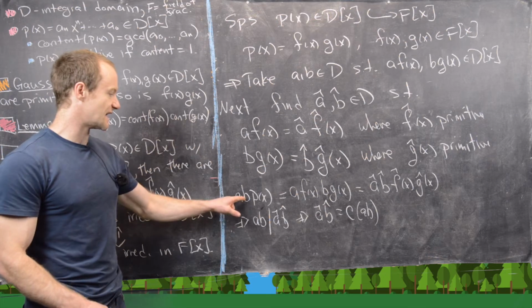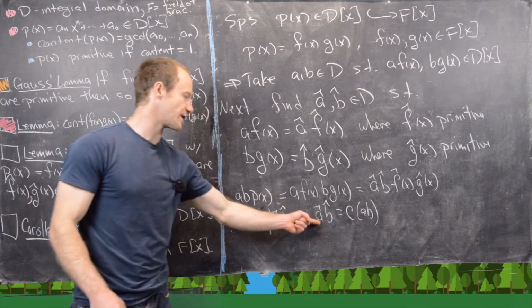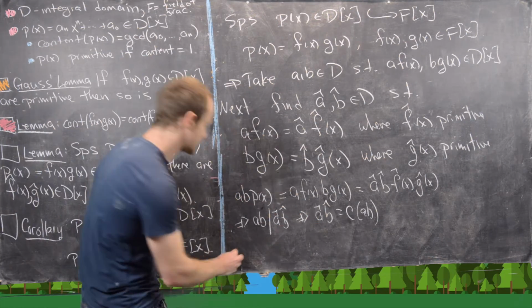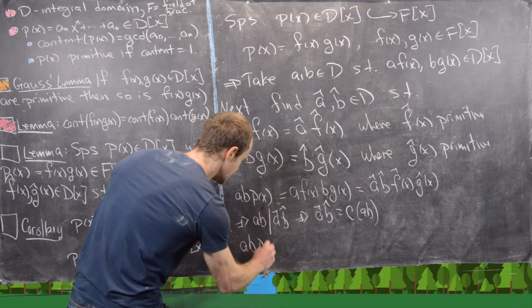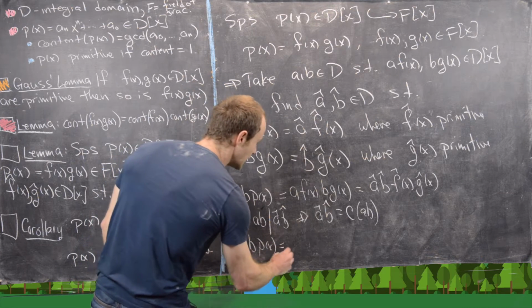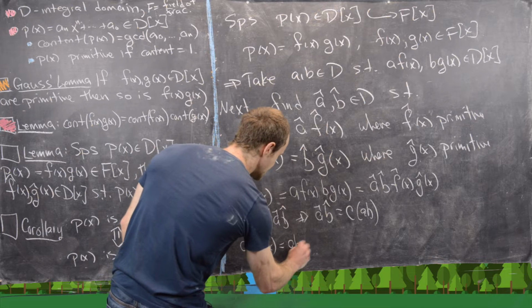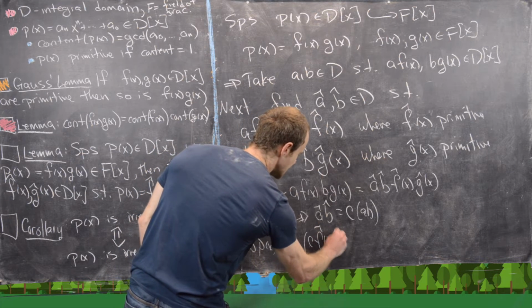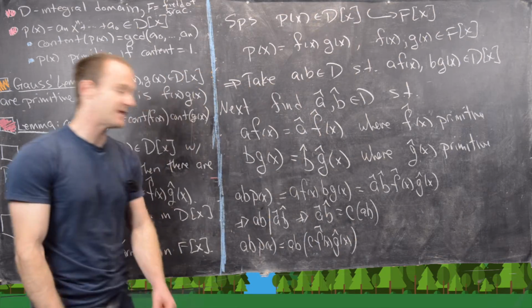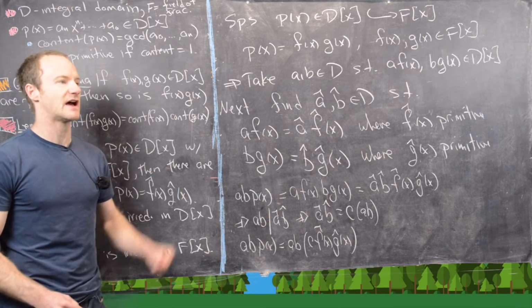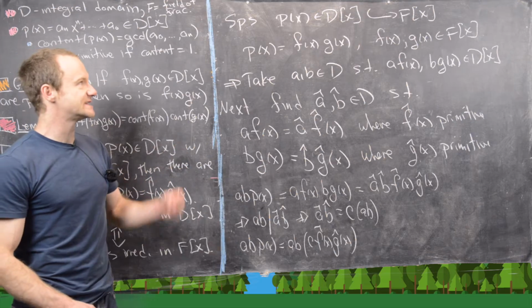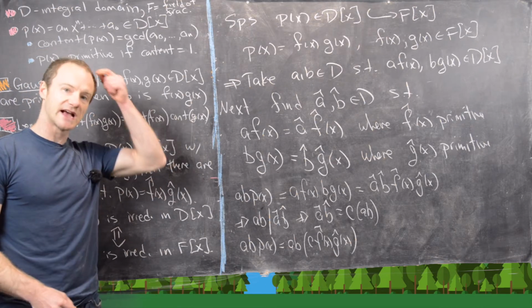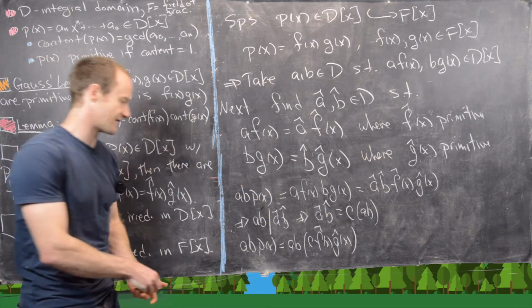Now what I'll do is I'll take this equation right here and I'll rewrite it using this equation. So that's going to give us a, b times p of x equals a, b times c f hat of x, g hat of x. But since D is an integral domain, D adjoin x is an integral domain, so we definitely have cancellation.